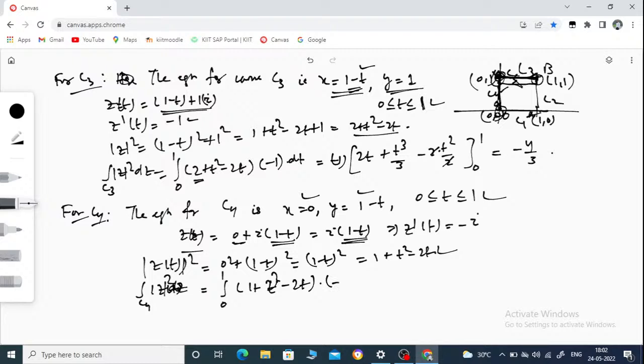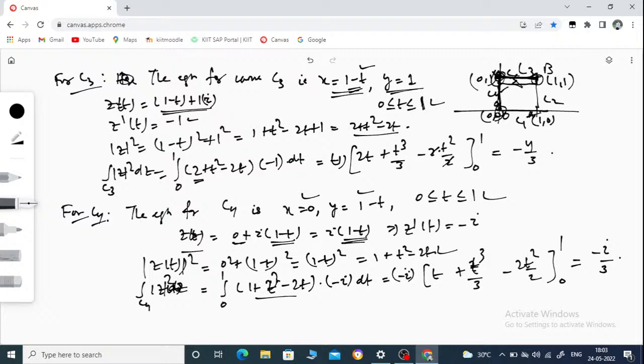Z dash t is minus i, then dt. So minus i is a constant, you can take it outside of this integration. Then integration of this is t plus t cube by 3 minus t square, from 0 to 1. If you evaluate this integration, you will get minus i by 3.